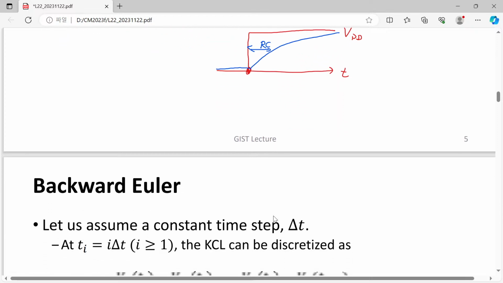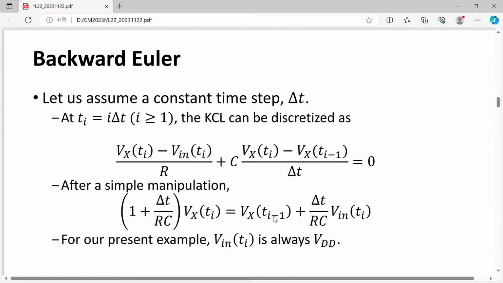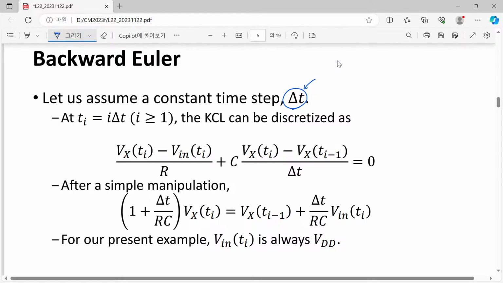Now let's go to the case where we apply the backward Euler scheme to this really simple problem. First of all, we assume a constant time step delta t. Is it mandatory? Actually, it is not. Sometimes we can control the time difference between different time instances.